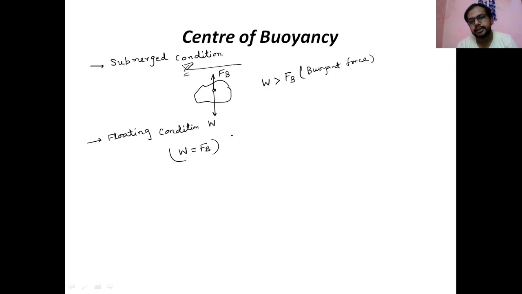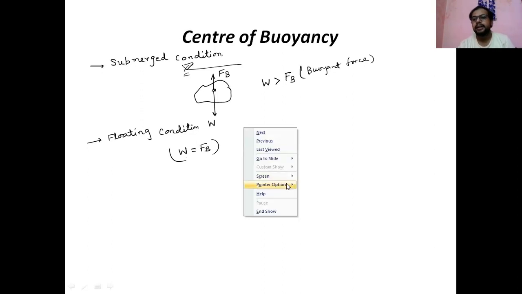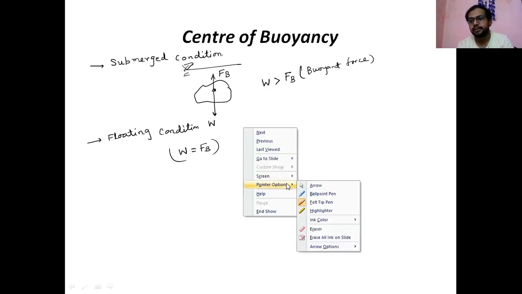So this is the concept of the submerged condition and the floating condition, and it comes from Archimedes' principle. Archimedes tells us about the buoyant force, and the phenomenon is known as buoyancy. This buoyancy phenomenon comes because of the difference in density between the liquid and the solid. The amount of force acting is nothing but the weight of the liquid displaced by the solid body.